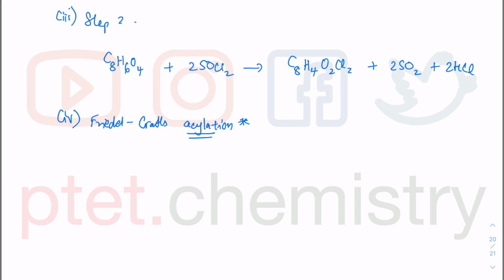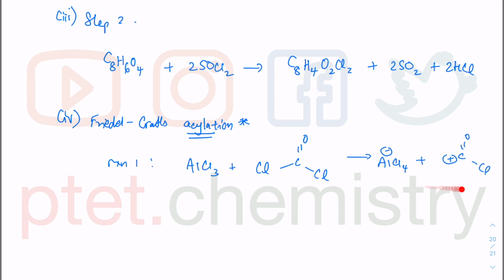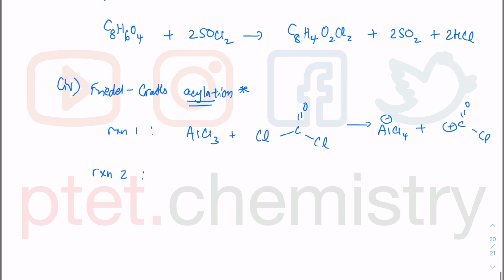The AlCl3 reacts with one of the Cl of this acyl chloride, and you're going to get AlCl4 minus and COCl plus there. So in terms of charges, they balance out. This is a catalyst, and you will see how it reacts in reaction 2. After reaction 2, it's going to regenerate the catalyst.